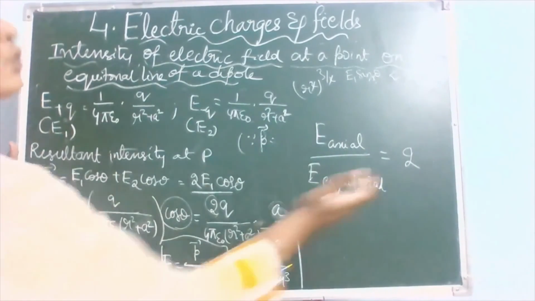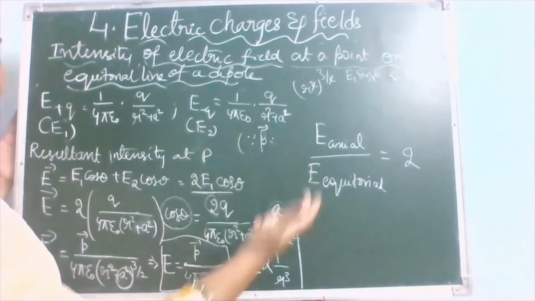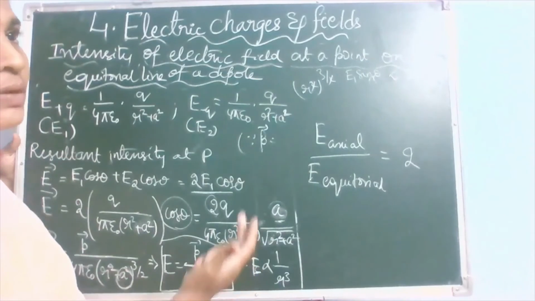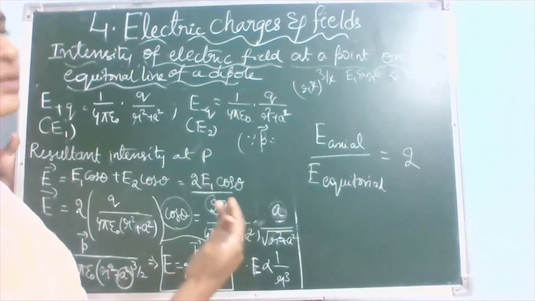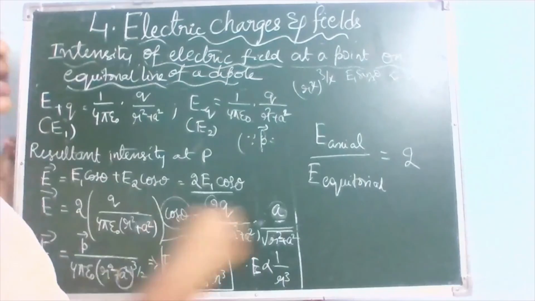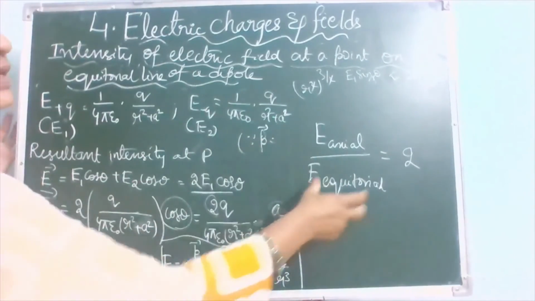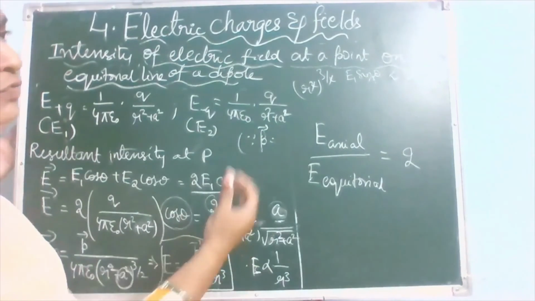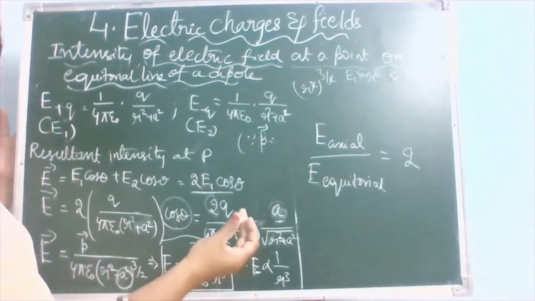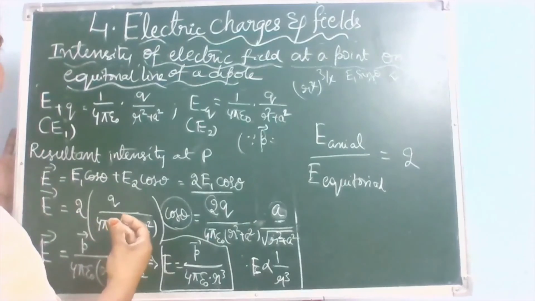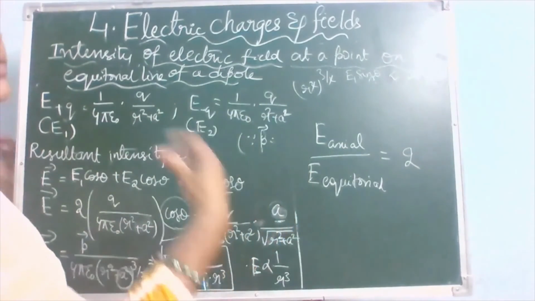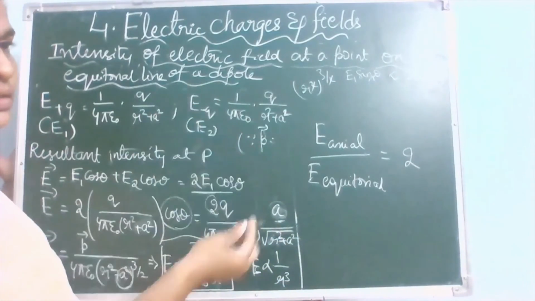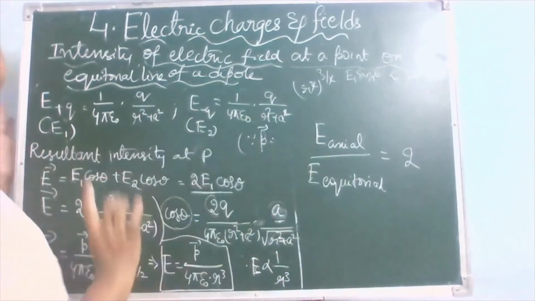It is twice the equatorial line electric field intensity. That means the electric field intensity depends upon the position: it decreases on the equatorial line compared to the axial line.